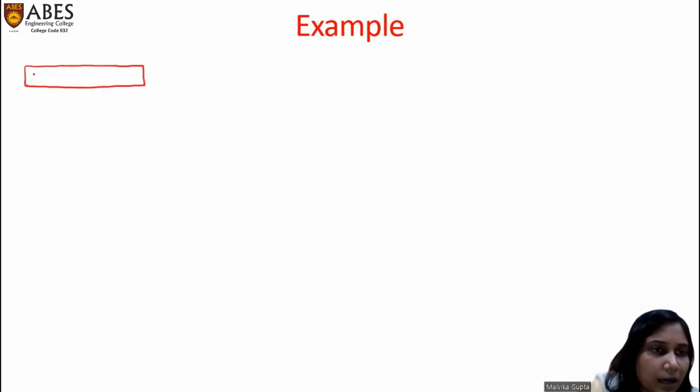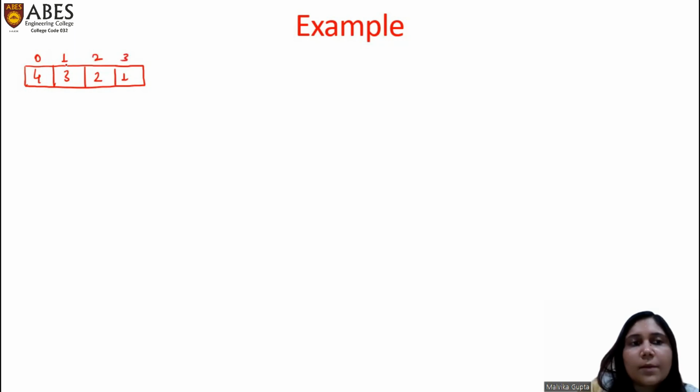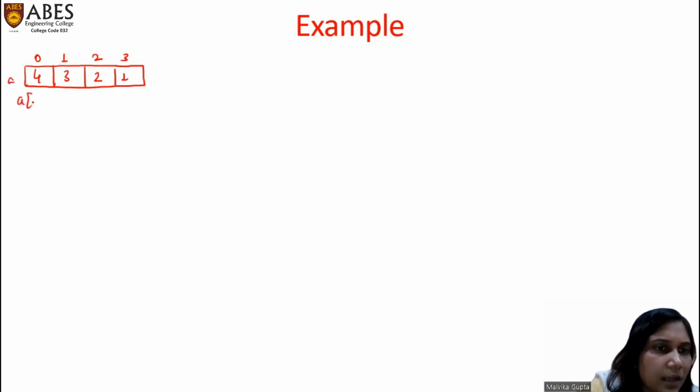I'm not taking a very large array. This is an array sorted in descending order, but I'm going to sort it in ascending order, because default sorting is always ascending. This is the position A0, this is A1, this is A2, and this is A3.